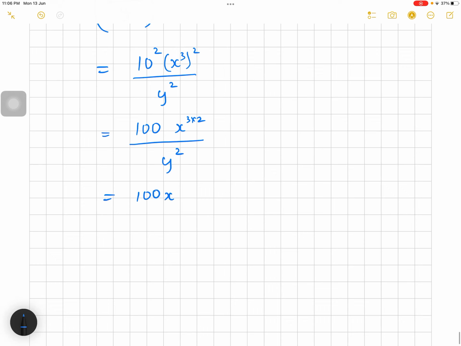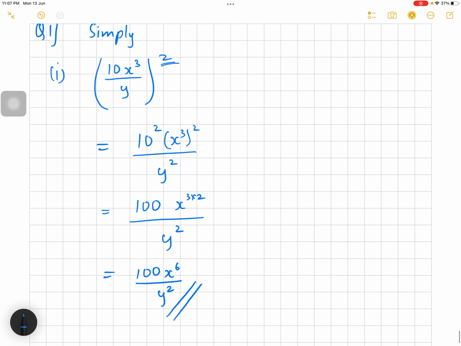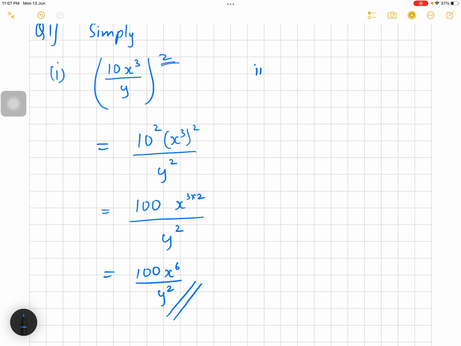So 100 x raised to 6 upon y raised to 2 is the answer. Okay, the first one.